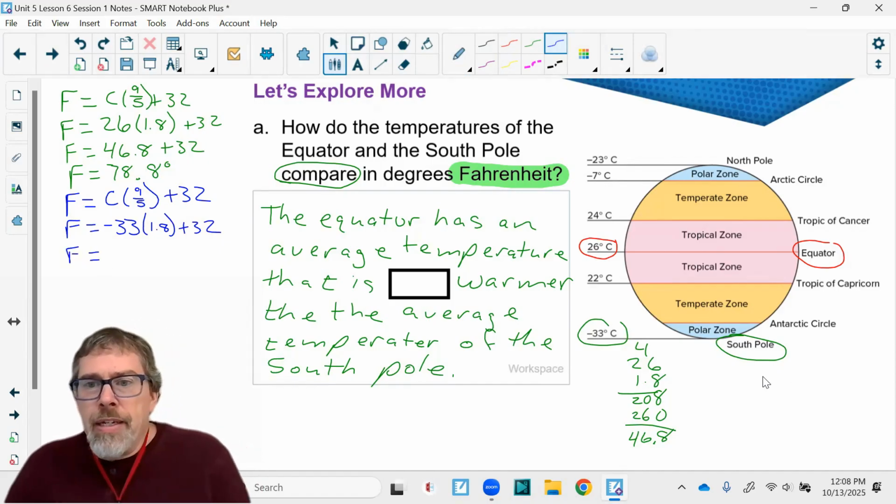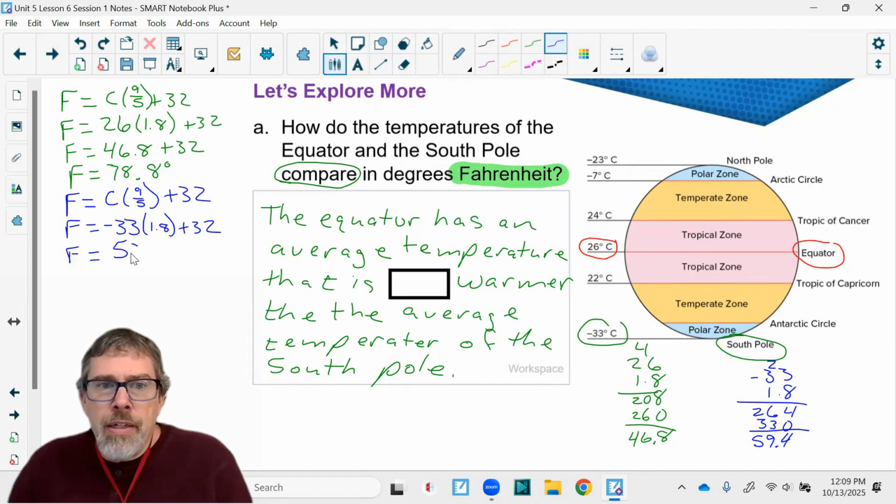Now if I take negative 33 times 1.8, 8 times 3 is 24. I carry the 2. 8 times 3 is 24 plus 2 is 26. Bring a 0. 3 times 1 is 3. 3 times 1 is 3. Add: 4, 9, 5, one decimal place. This is 59. Oh, by the way, it's negative 59.4 plus 32.